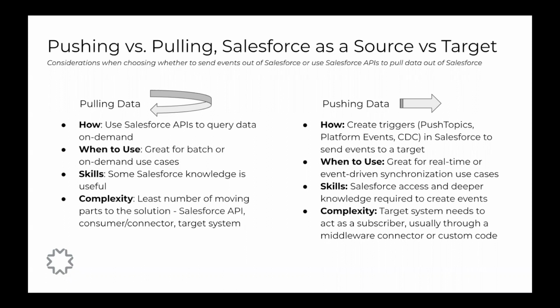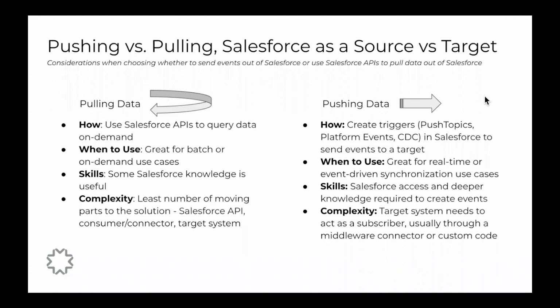It's probably the least complex of all the different strategies for getting data out of Salesforce. Lowest number of moving parts. You're basically just dealing with the Salesforce API. You have some sort of a consumer or a connector. On the Boomi platform specifically, we're going to be working with a connector, and then you have a target system. So that one's fairly simple.